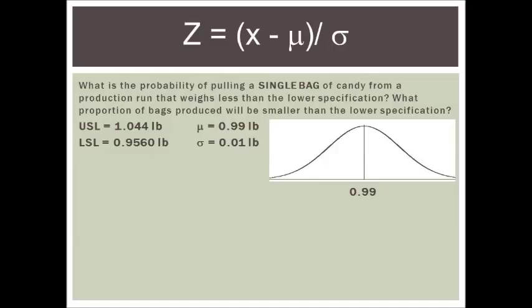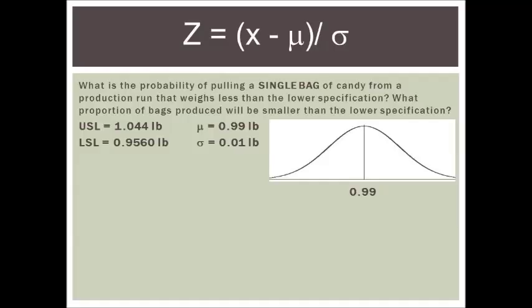So x is going to be whatever number I am comparing my observation to. In this case, we're pulling out a single bag of candy, and we are going to compare the weight of a single bag of candy to the lower specification. And that's given in the problem. So x in this example is the lower specification limit, 0.956.